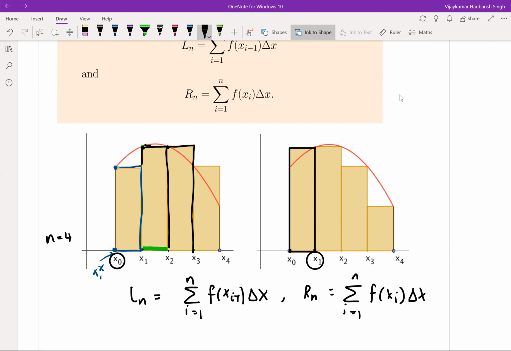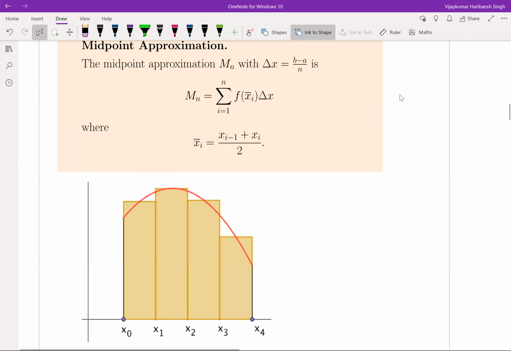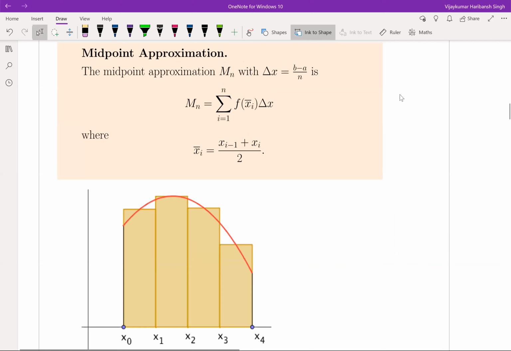Now, instead of choosing the right-hand or left-hand point, what if we choose the midpoint? So we get a midpoint approximation. What we do is take x0 to x1 and take the midpoint of this, which is somewhere here. Then you use that midpoint for the height.